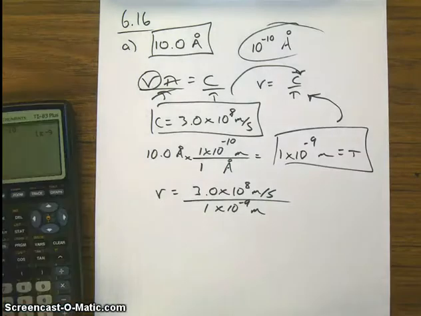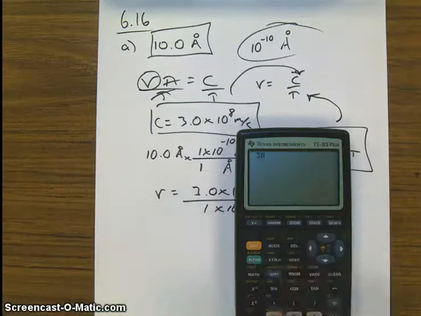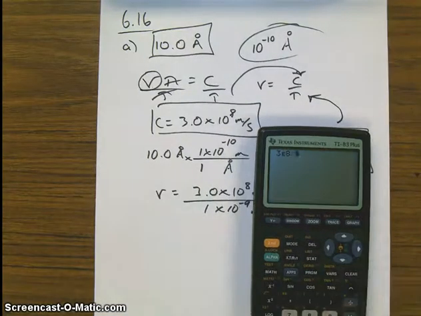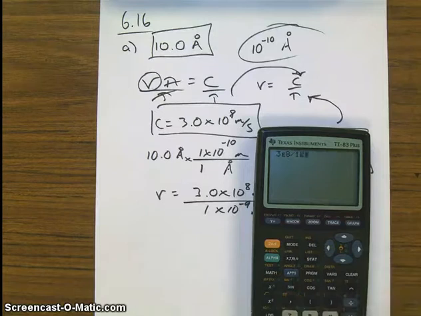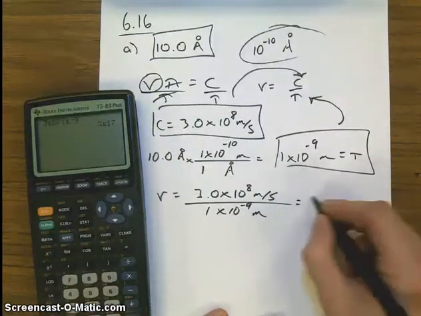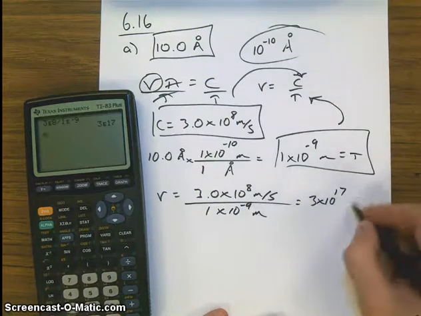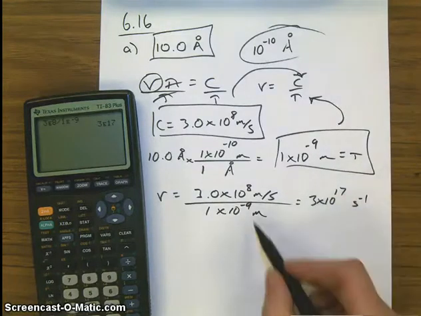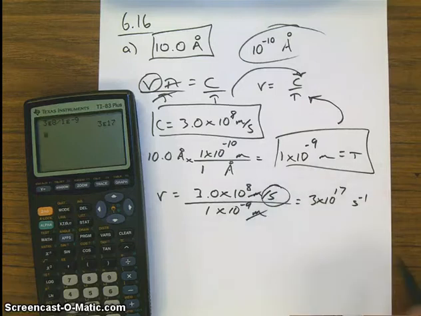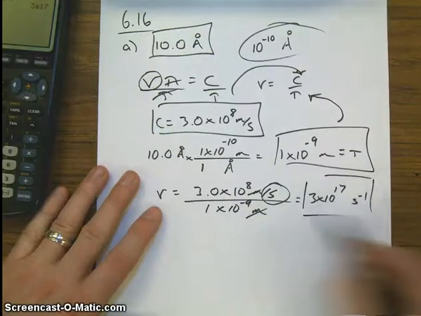When I do this math, I have 3e8 divided by 1e negative 9, and I end up with an answer of 3 times 10 to the 17th inverse seconds. The meters cancel out and the seconds is still in the denominator, so we write it as an inverse second. So I've got my answer for A.